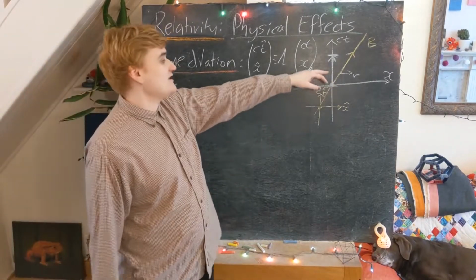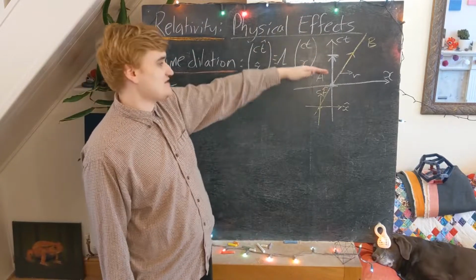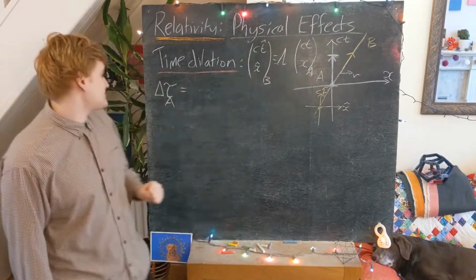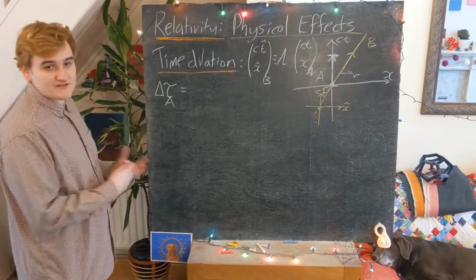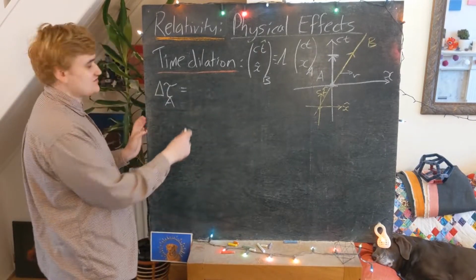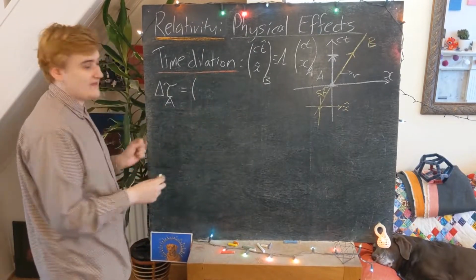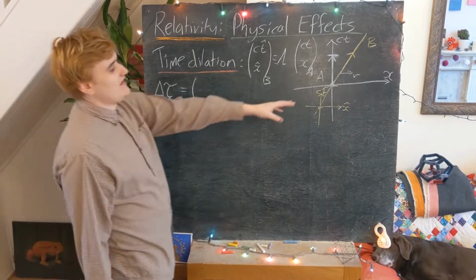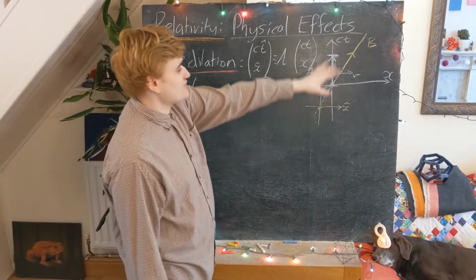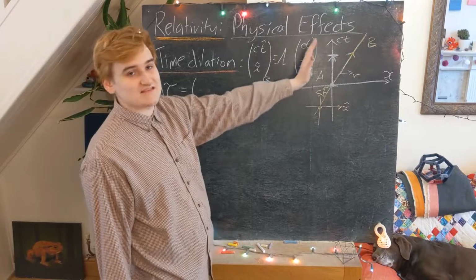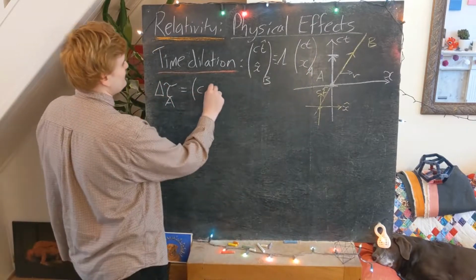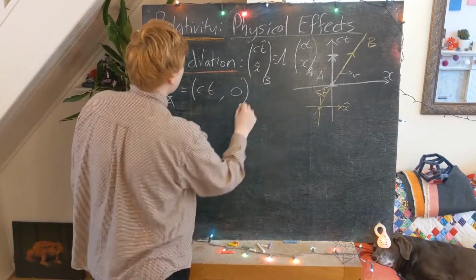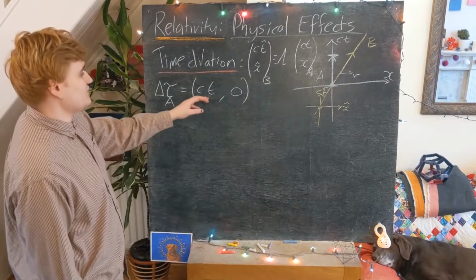I can just say that the interval is just the coordinate CT wherever we are on this axis. So our interval of proper time is just going to be now expressed as a point in our A frame, or rather just a point on the CT axis. And so we're just going to see it's just given by the coordinate CT.